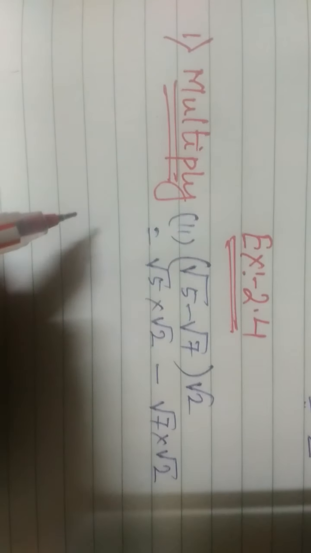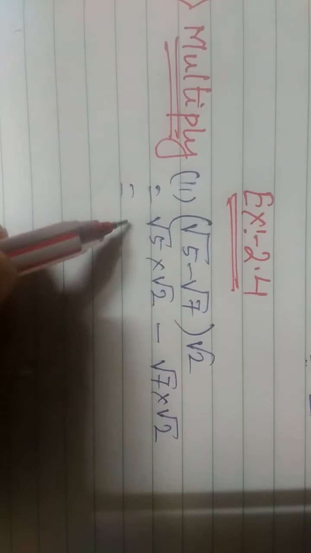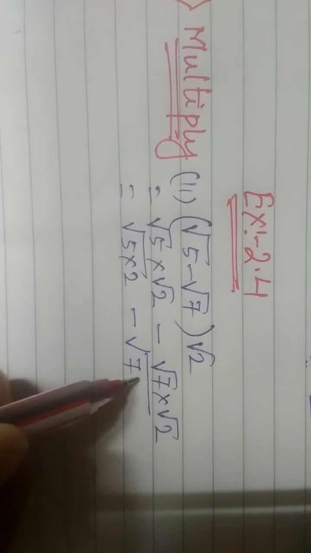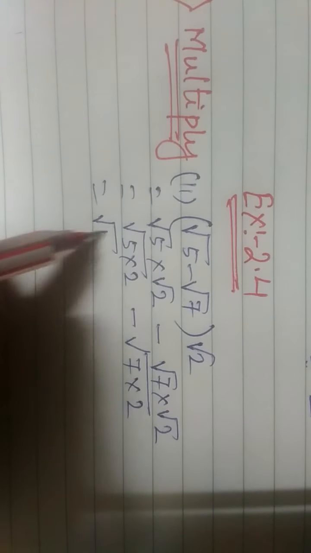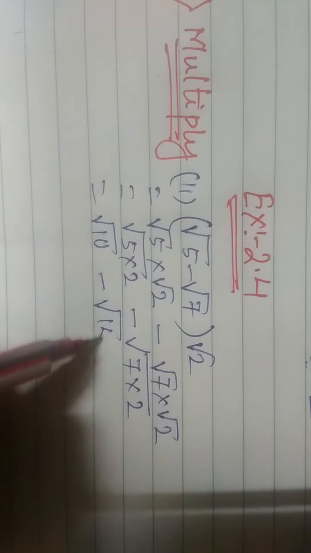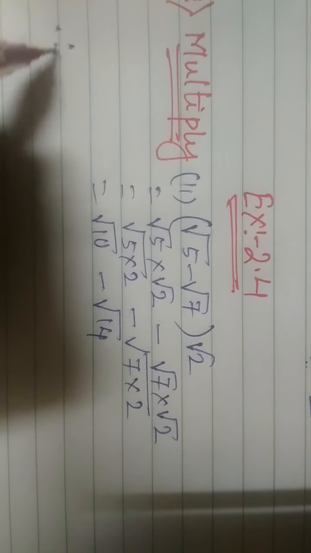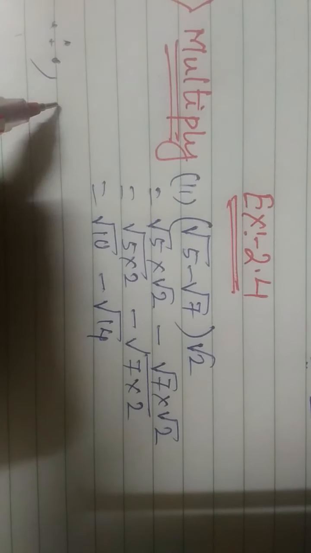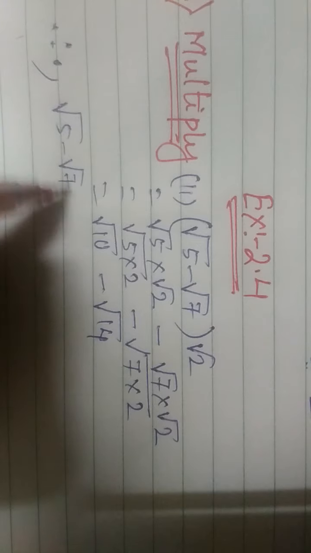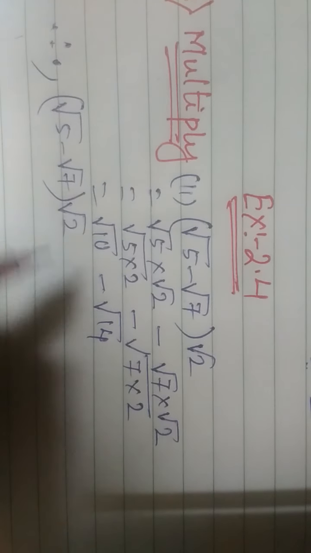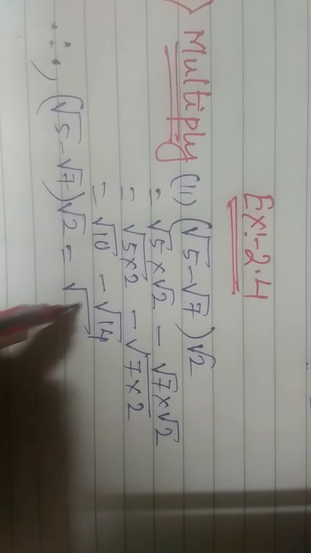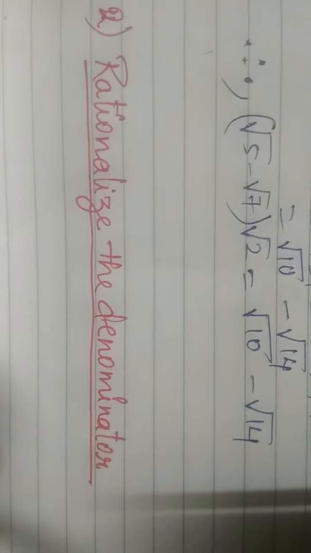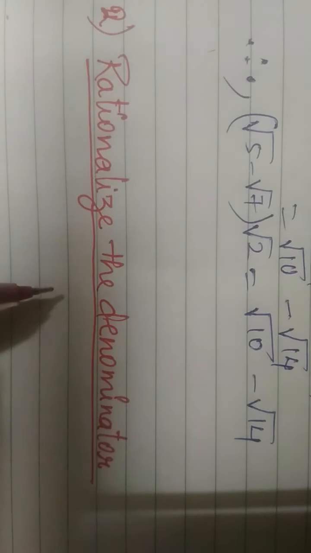The roots are multiplied and we can write them in one root: root 10 minus root 14. Therefore, root 5 minus root 7 multiplied by root 2 equals root 10 minus root 14.